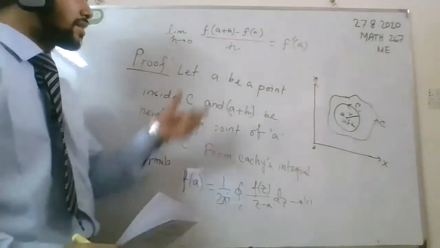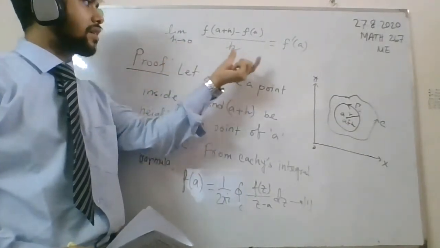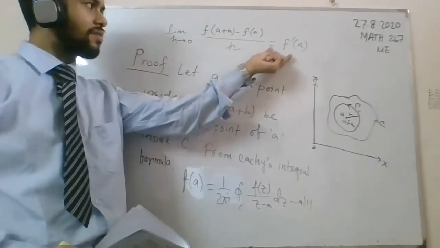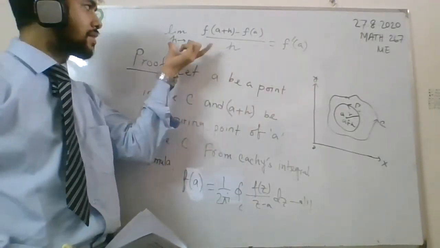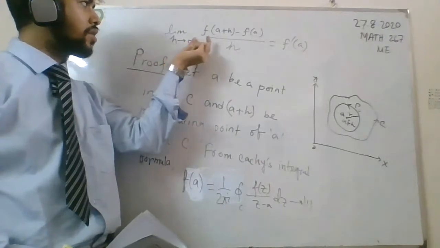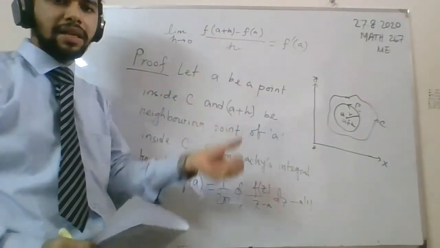So this is the definition of the first derivative, f prime(a), written as limit h tends to 0 of f(a plus h) minus f(a) divided by h.